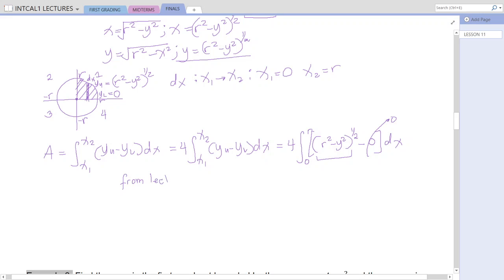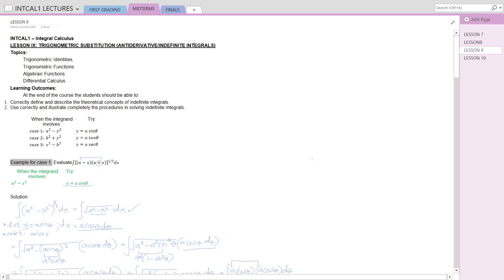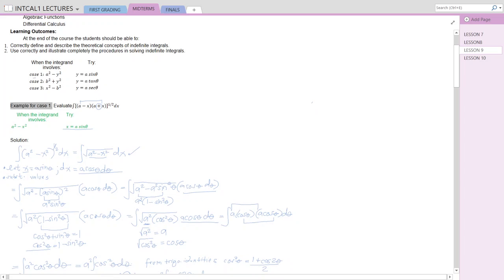From our lecture in lesson 9, from example number 1, that is case 1, if you're going to check that one. From trigonometric substitution in lesson 9, case 1 is when the integrand involves a squared minus x squared.